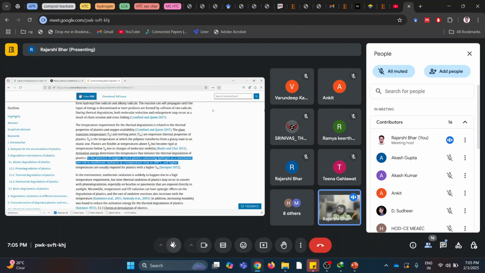So when plastics are exposed to oxygen or air and you increase the temperature to close to 200 degrees centigrade, an exothermic oxidation starts. Oxidation means the plastic is reacting with oxygen, and the exothermic reaction liberates heat. That is why plastic waste is often burnt in incinerators, and the amount of energy derived from it is very high.